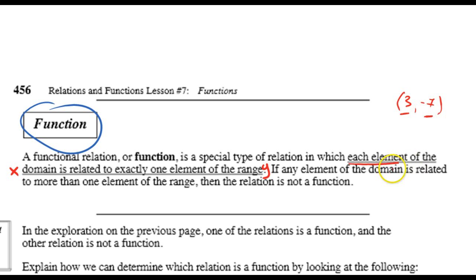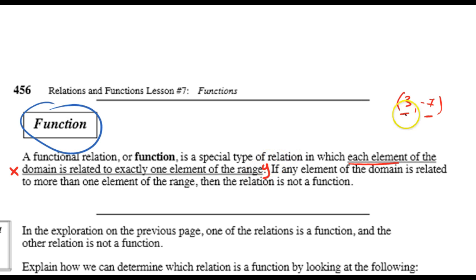So again, don't get caught up on the words here. There's nothing new here. So again, so each element of the domain, so every element, such as 3 or whatever, all the x coordinates, is related to exactly one element of the range.